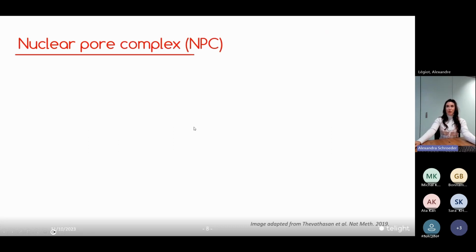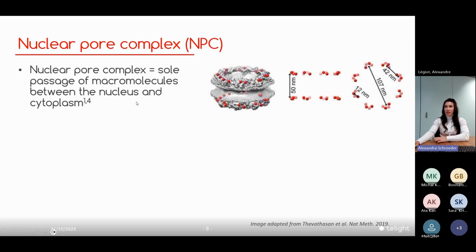So here we propose using the nuclear pore complex, which some of you may have heard of. It's becoming quite a buzzword as this very particular structure that has been well characterized and is continuing to be used by emerging super resolution microscopy techniques in particular.